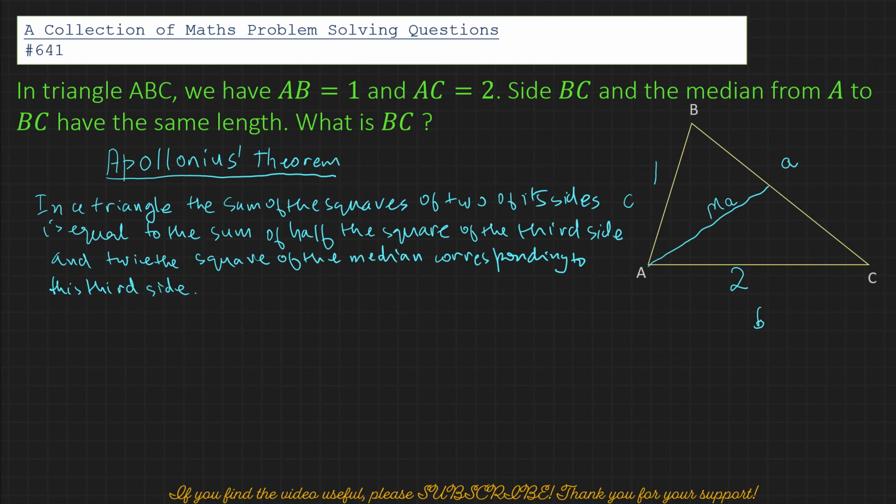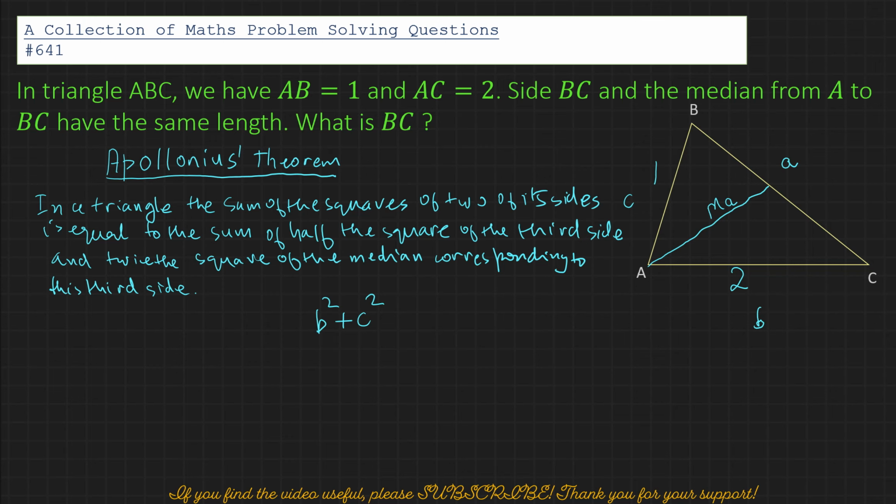So if I read it out again, in a triangle, the sum of the squares of two of its sides, the two sides other than the side for which we have drawn the median, would be B square plus C square.